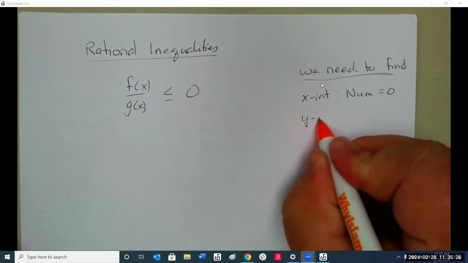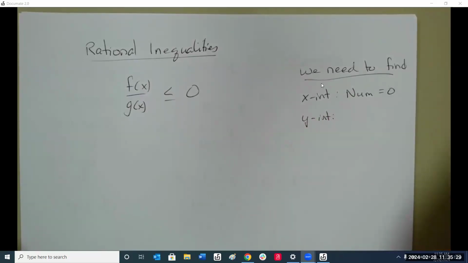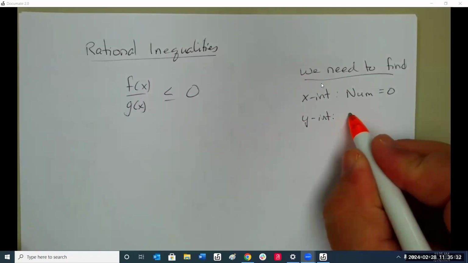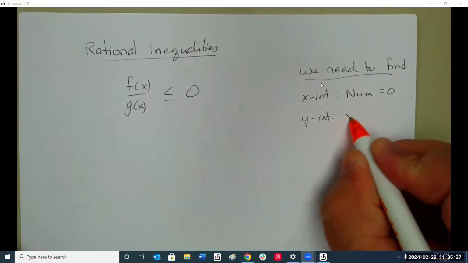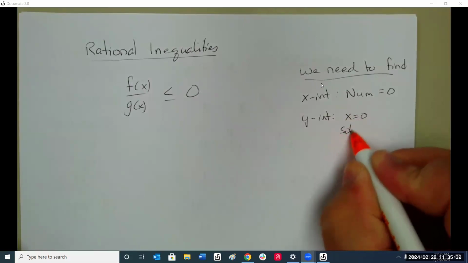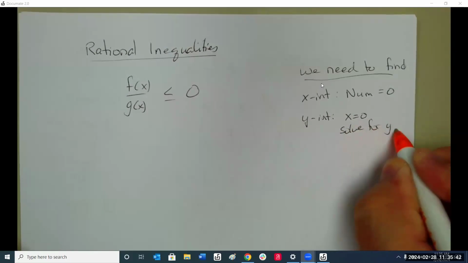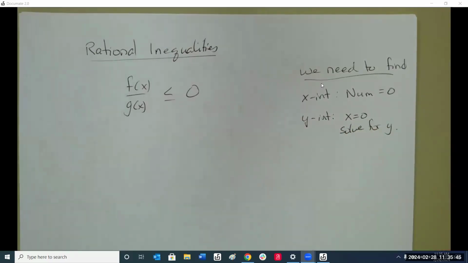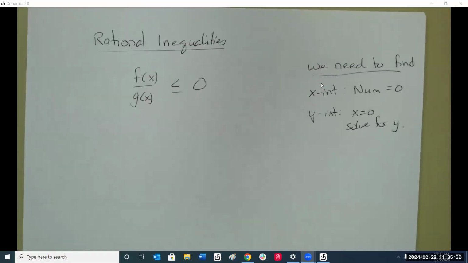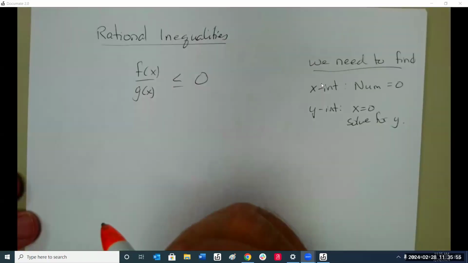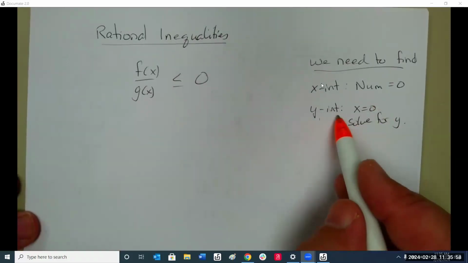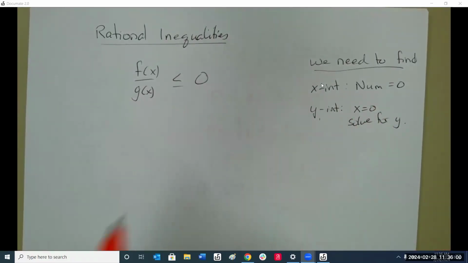How do we find our y-intercept? Set x equal to 0 and solve for y. So to find the x-intercept, you only set the numerator equal to 0 and solve. To find the y-intercept, set the x's to 0, and whatever's left is your y-intercept.